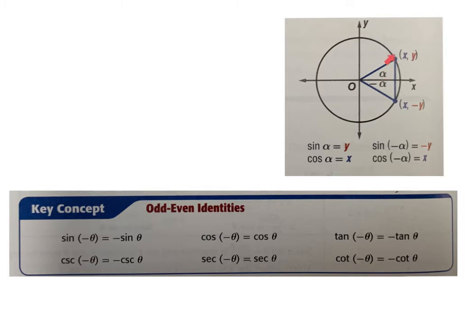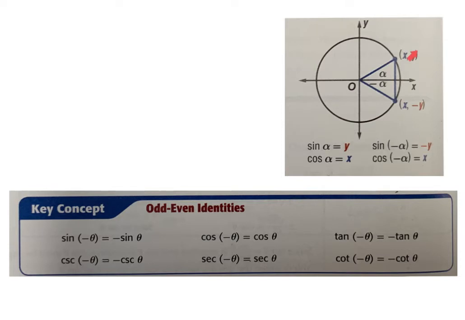You'll notice that the negative angle affected the sine, right? My y changed from positive to negative, but changing it to a negative angle did not affect its cosine. The cosine stayed the same. Does that make sense? So going up or going down did not affect the cosine. It affected only the sine. Now, because it only affected the sine, it also affected the tangent and the cotangent.